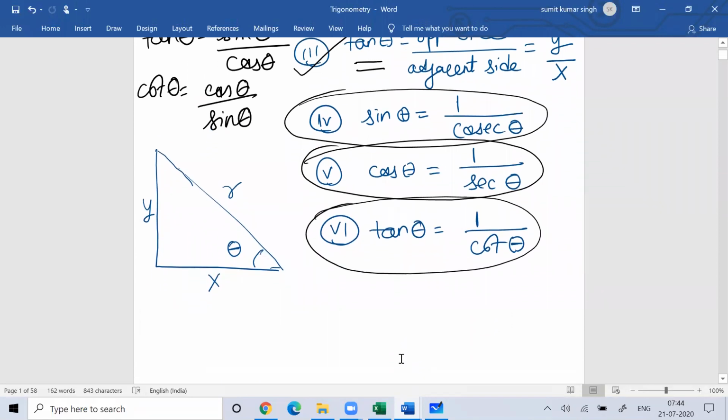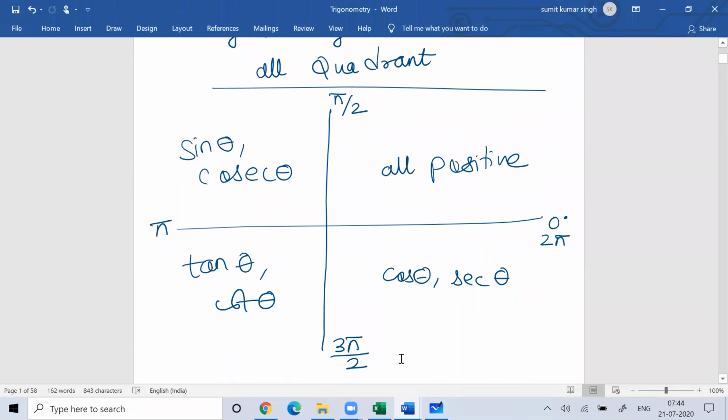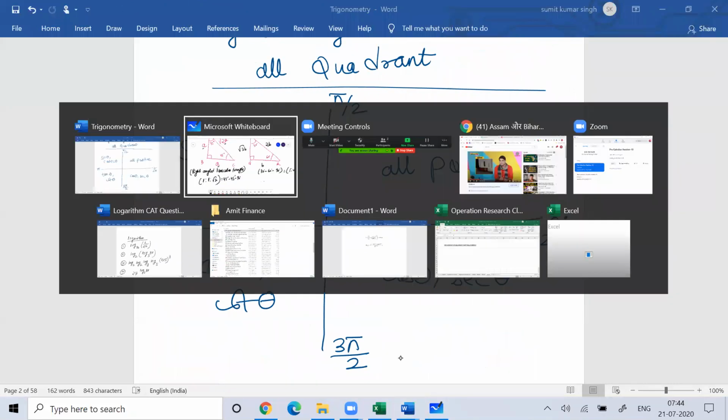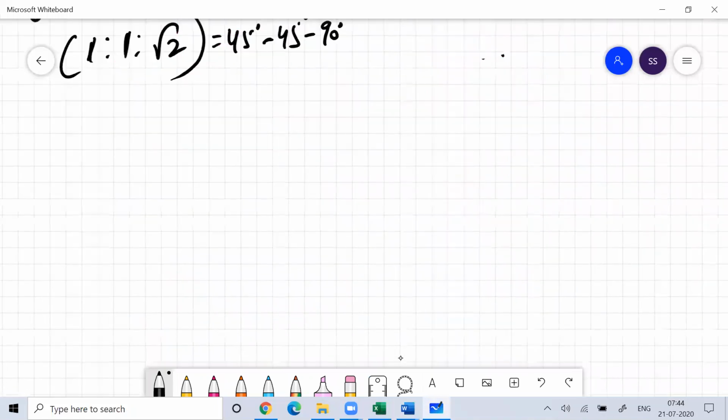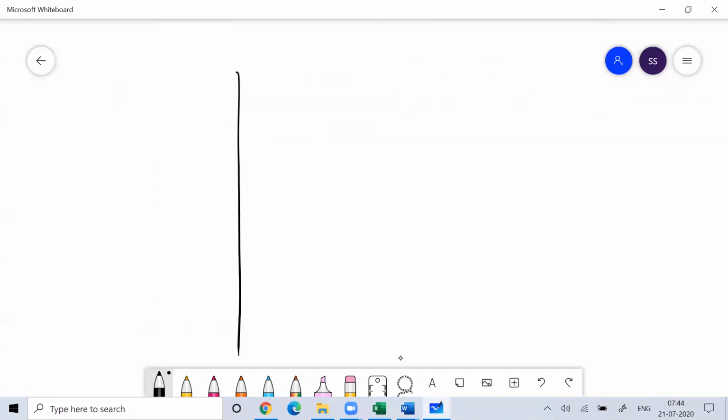Now, next thing, you know about quadrants. Basically, in coordinate geometry, in another subject, we studied about quadrants.